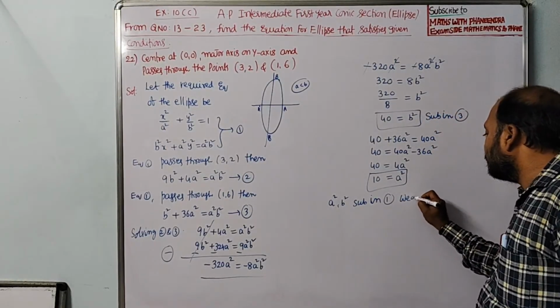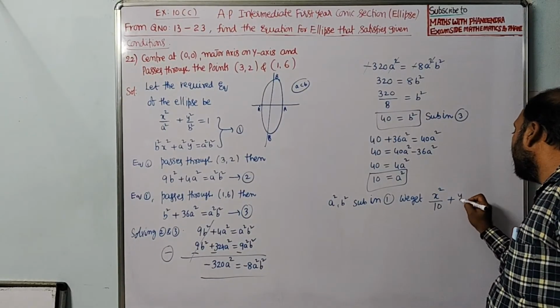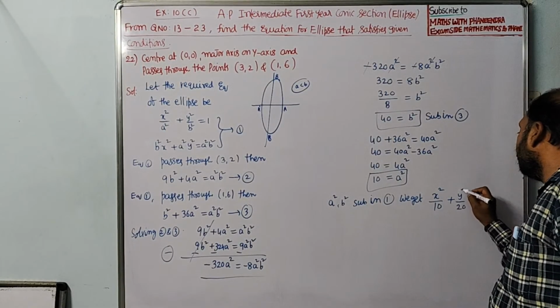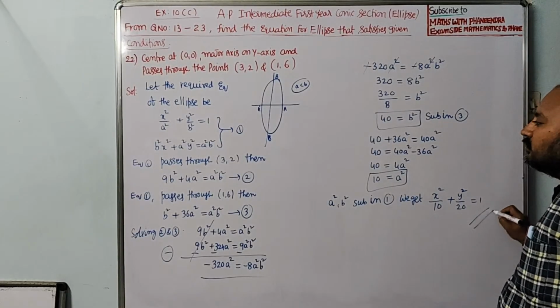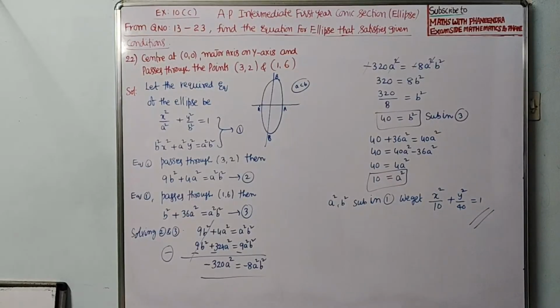We get x square by 10 plus y square by 40 is equal to 1. I hope you understand this type of question we may expect in the public examination, dear students.